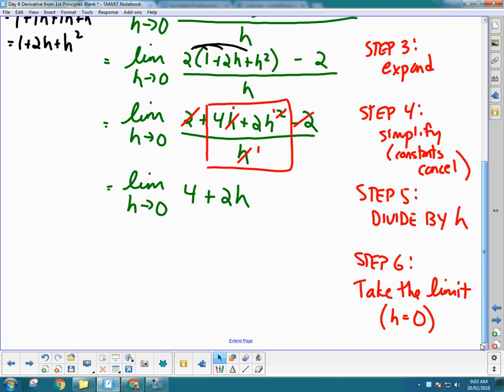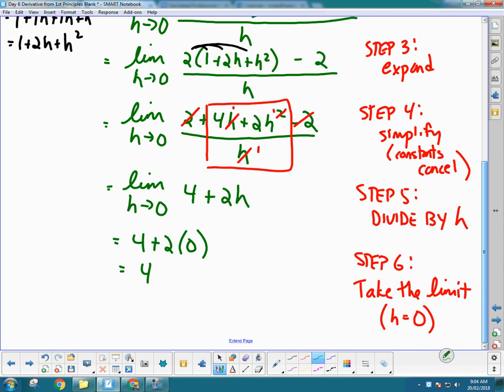So we've been sliding along saying that we're doing this as h approaches 0, so we're now going to actually, because we aren't going to end up with any divide by zeros, take the limit and pretend we're at 0. This is where we get to stop writing it down, because you're actually going to take the limit and sub in h equals 0, 4 plus 2 times 0, and you'll get the answer as 4.